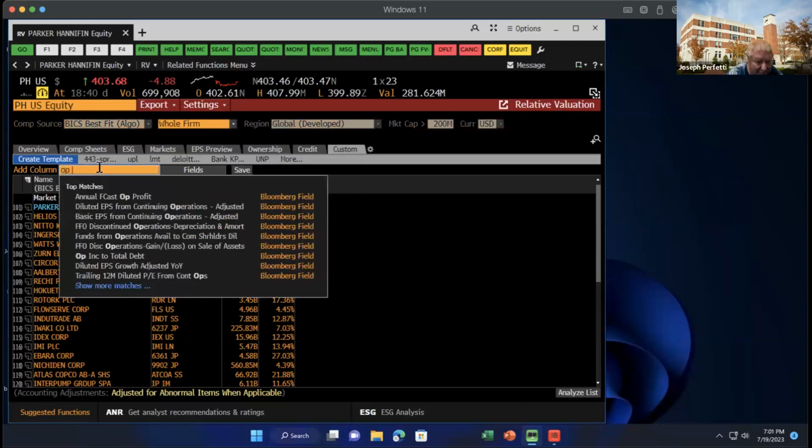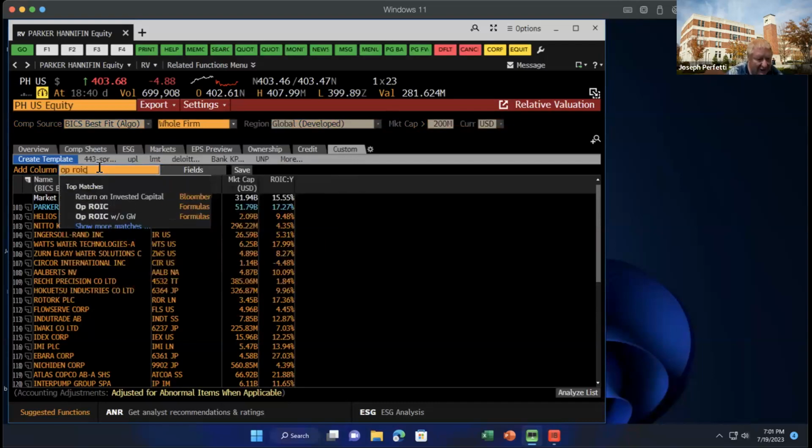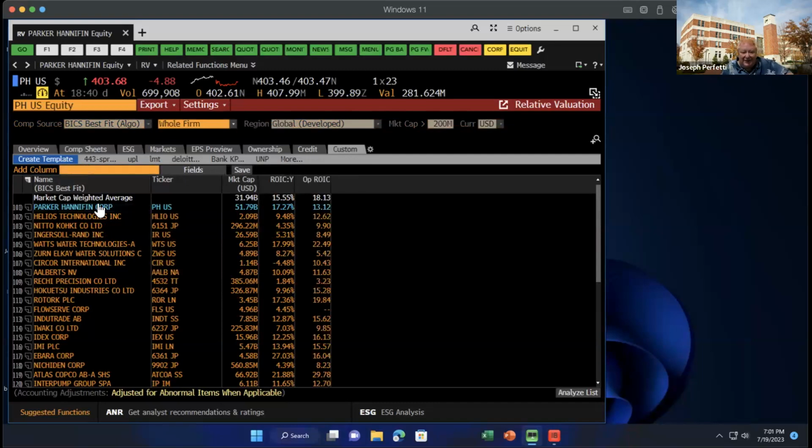And then you look at their operating ROIC, where you go through the process that we're about to go through in this class, and you just strip out the operating capital and the operating profits. You'll notice that the operating ROIC is not all that different than the average ROIC. It's not like Apple.